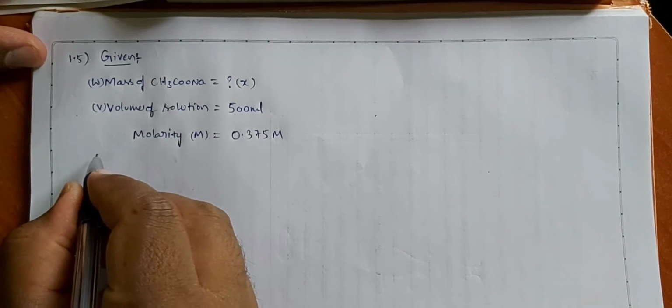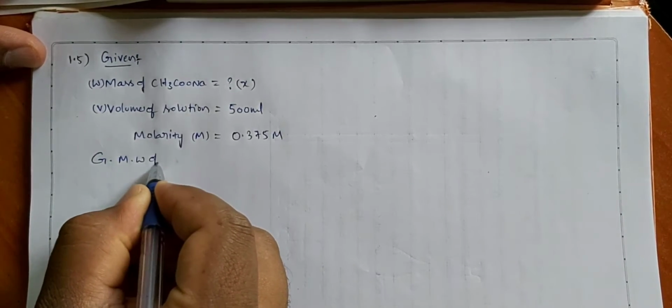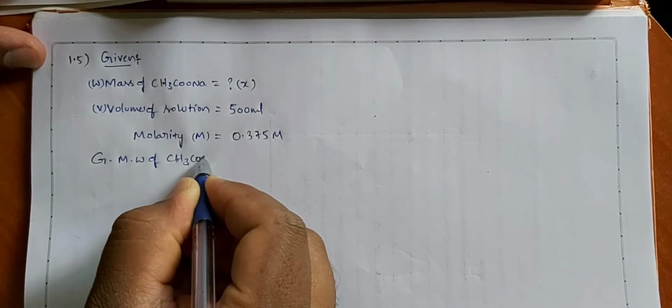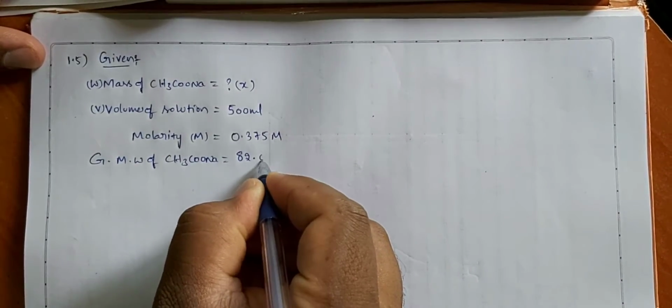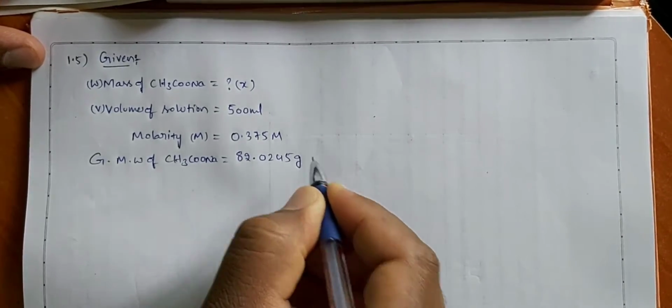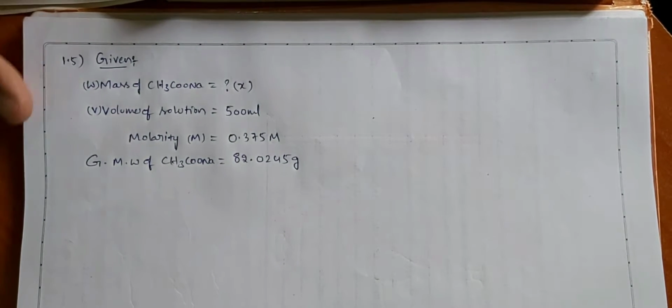Molar mass, gram molecular weight of sodium acetate, is 82.0245 grams per mole. We need to find the mass of CH3COONa.